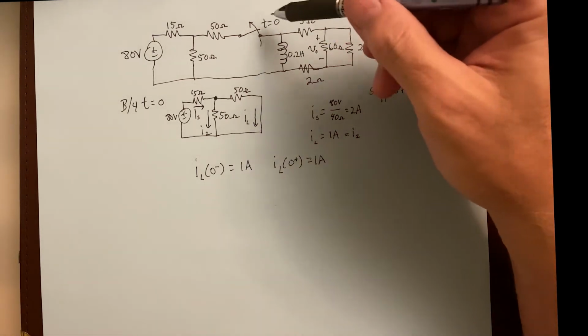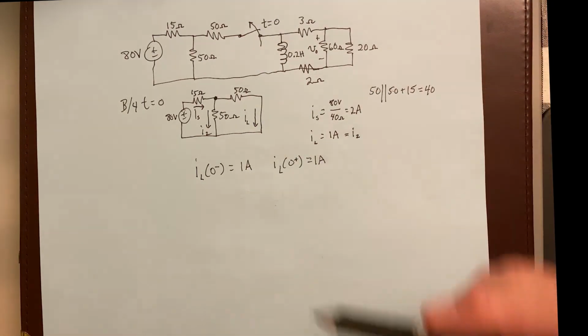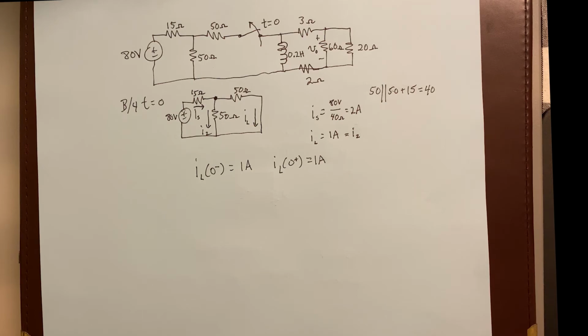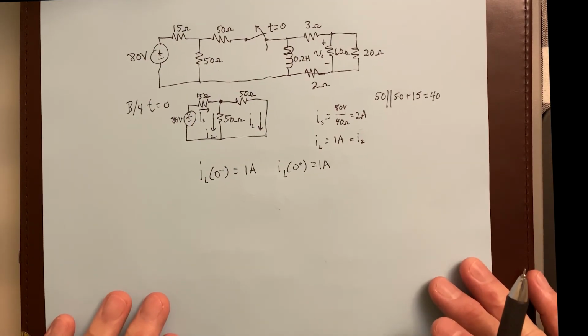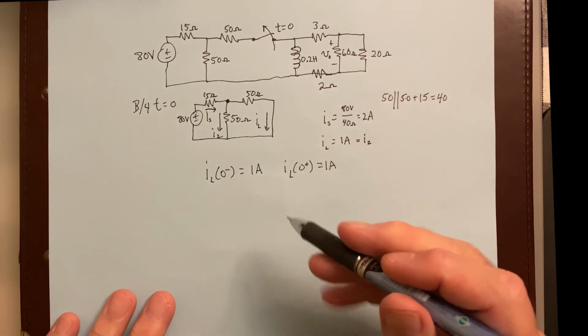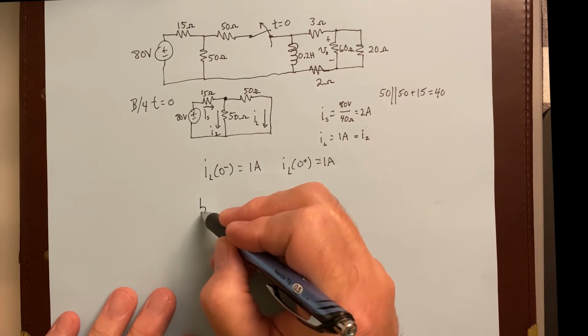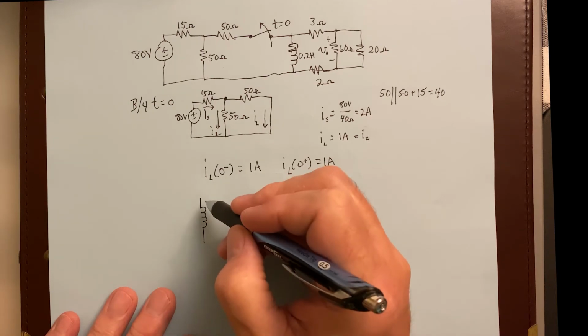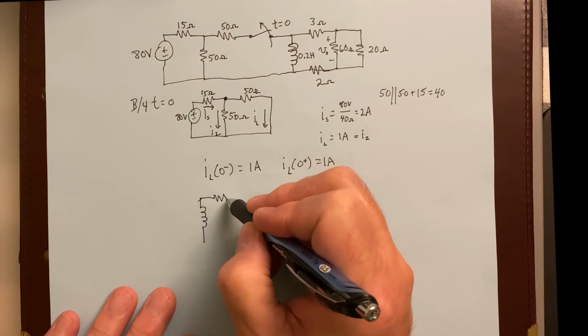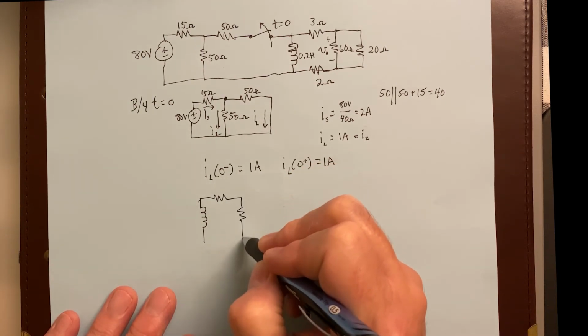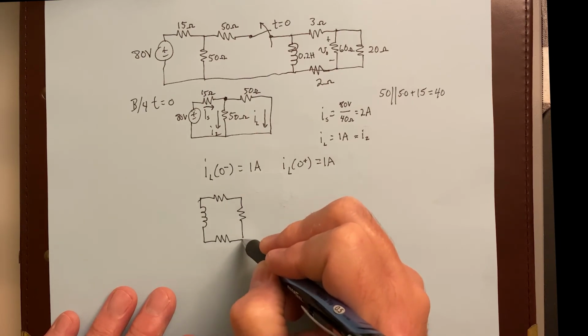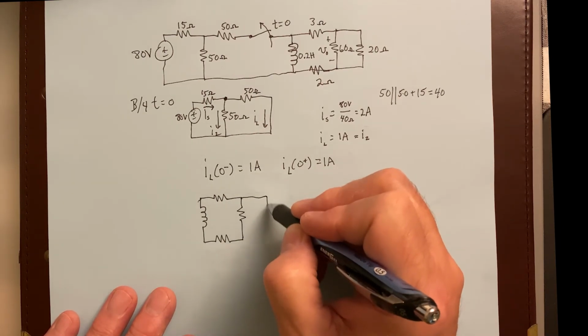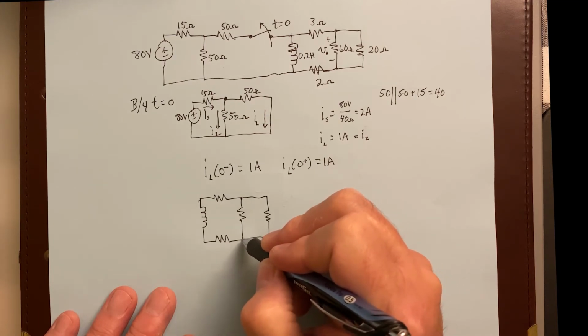Then at t equals 0, the switch is opened, and the whole left-hand portion of the circuit might as well not even be there. So the circuit now reduces down to this. The inductor is there. There's the 3, there's a 60, there's a 2 on the bottom, and a 20 out here.